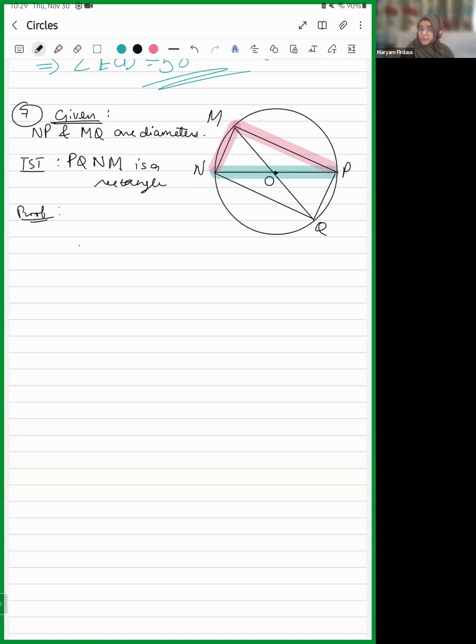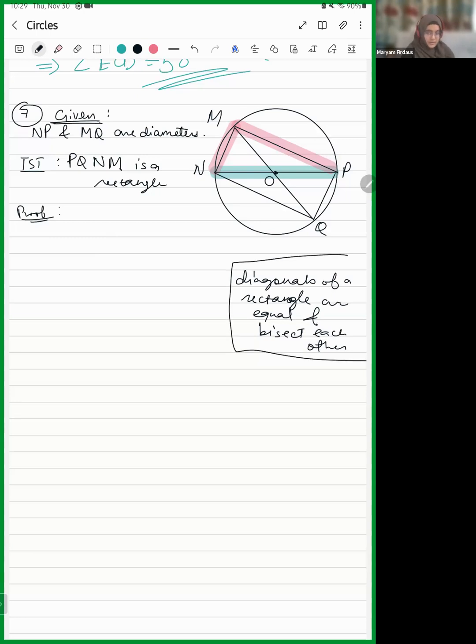Because if you remember from your previous classes, class 7 and class 8, we studied that diagonals of a rectangle are equal and bisect each other. So if we prove that, we can prove that this is a rectangle.